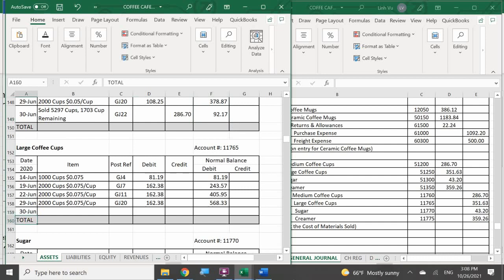So again, sold how much? 4,331 cups. So we have 7,000 minus 4,331, which is 2,669.